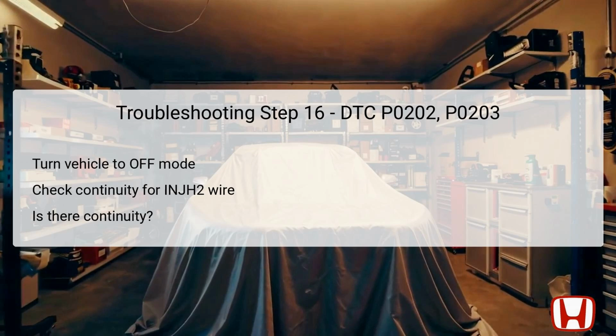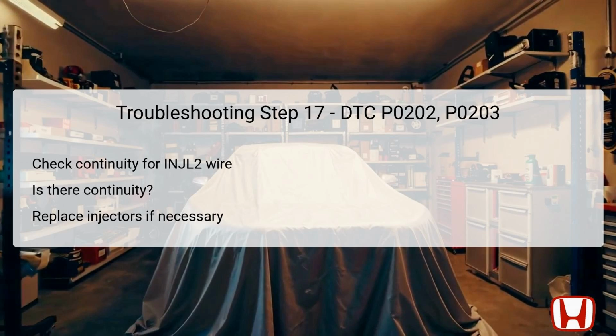If continuity is found, you can conclude the INJH2 wire is functioning well. But if not, further investigative measures should be taken to repair the identified open circuit in that particular wire's run.